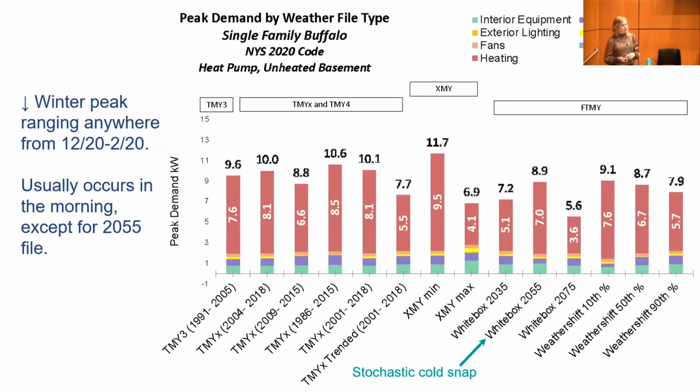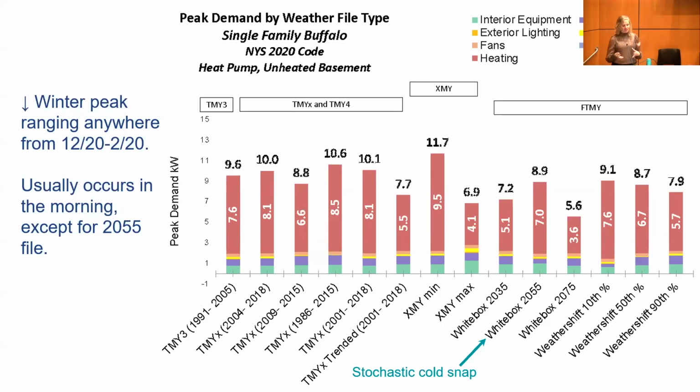Here's the same information, but looking at peak demand instead of overall energy use intensity. And a reminder, this is a heat pump example, so we're seeing a winter peak. But the differences are quite substantial, which could have implications when you're sizing systems. In almost all cases, we saw peaks in the morning, except for one of the white box examples.